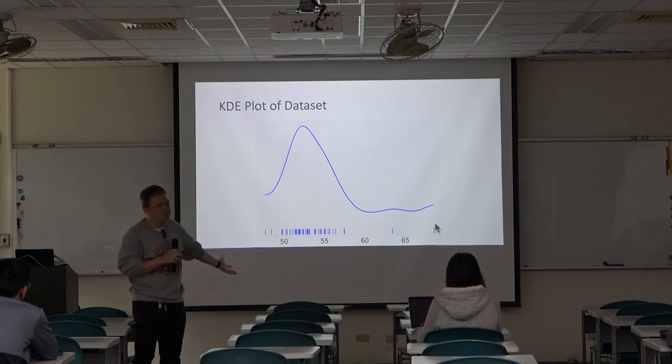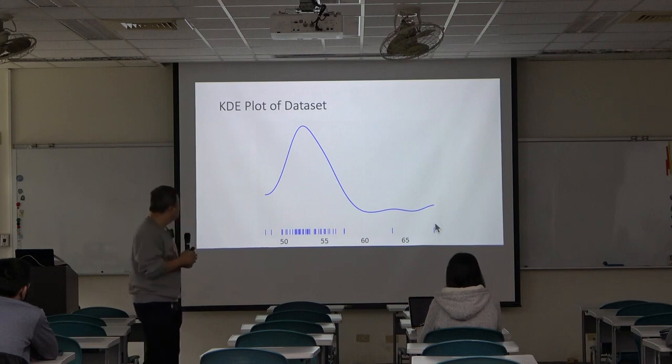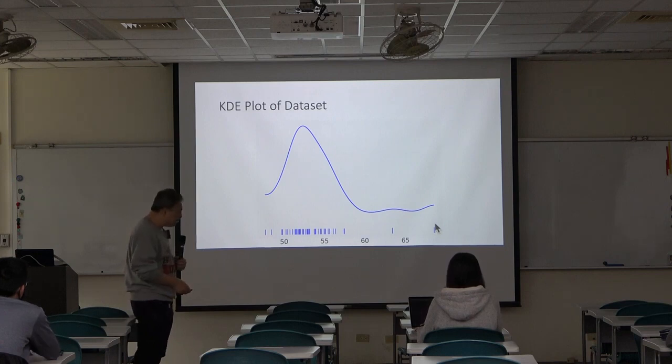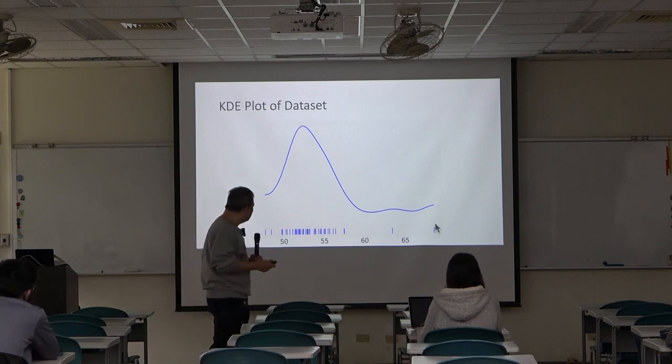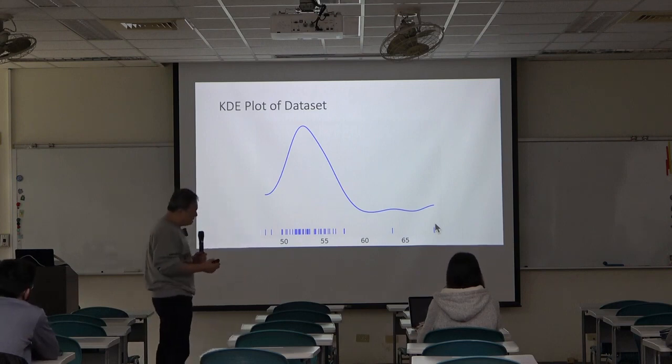In a coin flip we only have one parameter, theta. For the normal distribution, we have two parameters, mu and sigma. But for the data, we always have just one single value. This is not always true.